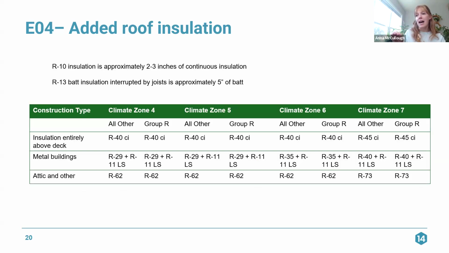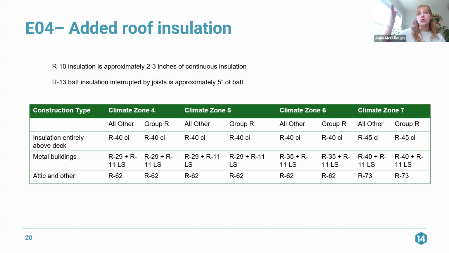On this slide, I added some rules of thumb just to give you an idea of whether you can get close to what's required. If you are providing an additional R10 continuous insulation, depending on the type of insulation, that's around 2 to 3 inches of continuous. If you're providing R13 batt interrupted by joist, it's approximately 5 inches of batt insulation.